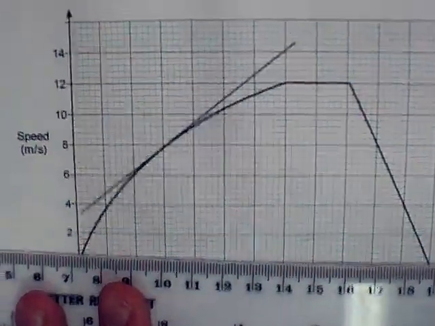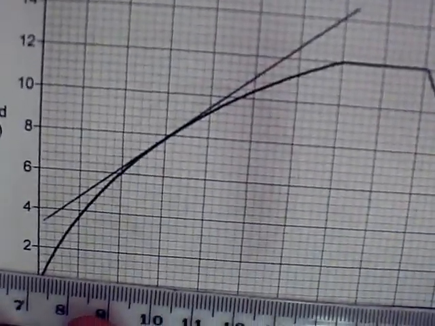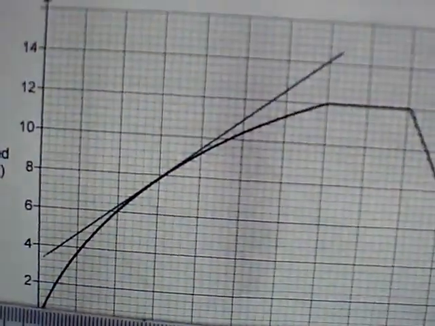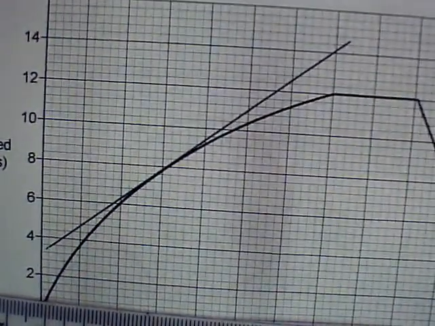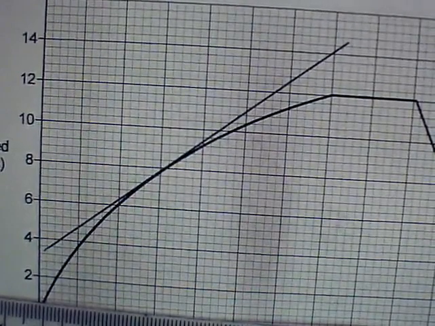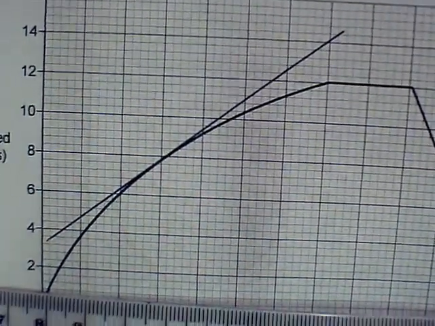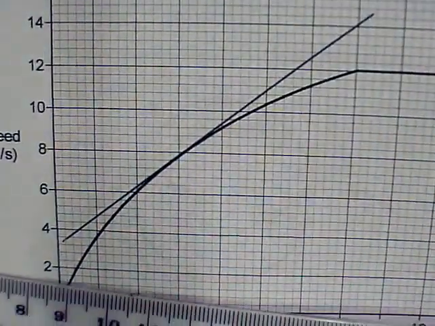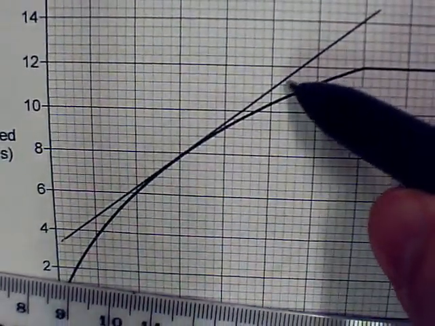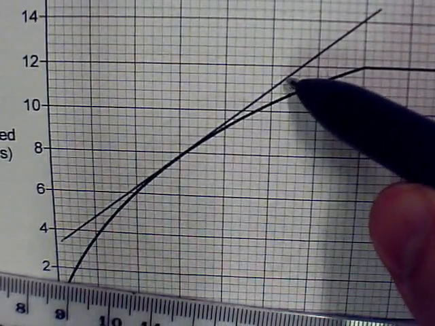Now in terms of where I'm going to draw my triangle, it's important that you draw it so the line cuts through cleanly at the square. For example, I wouldn't start drawing it here, because I don't really know how much of a square that is.